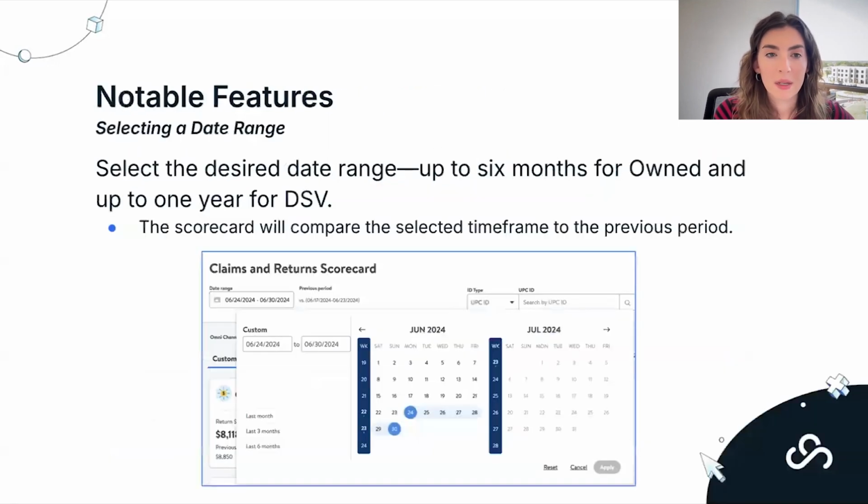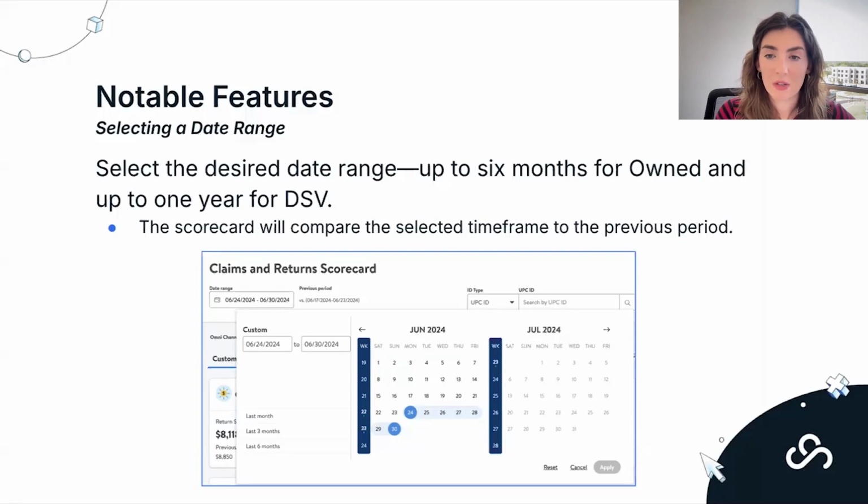So some of the notable features, again, selecting a date range. There have been instances in the past with suppliers who all of a sudden there's a ton of returns in this one 3 or 4 week period, realize an item is set up incorrectly and are able to make that change or update the item information to reflect the accuracy of the product.